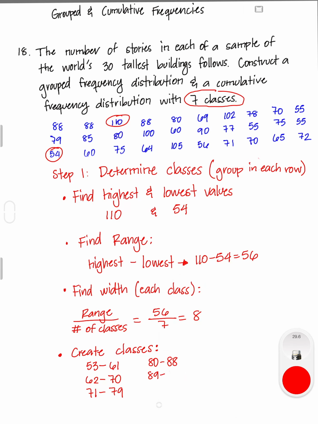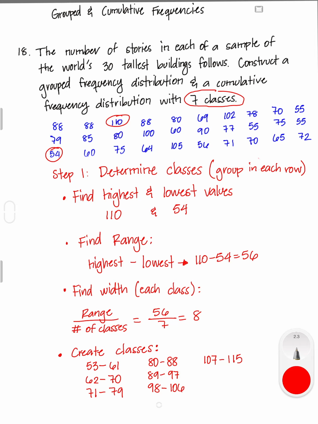I don't know why I said 107, so this will be 97. Then I take 98 and add 8 more, which will be 106. Then I take 107 and add 8 more, and that'll be 115. And there I have my different classes.